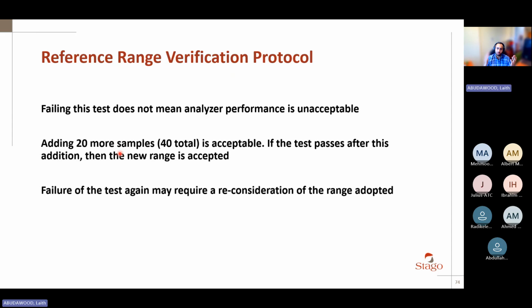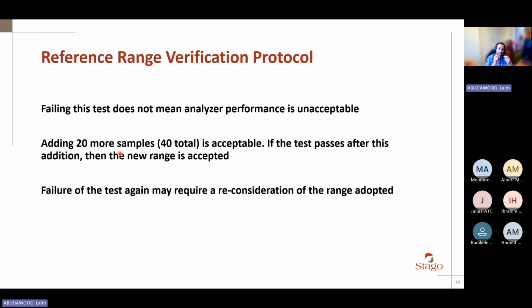Most often, reference range verification failure means that the reference range that you have chosen to use in your lab is not compatible with your population. For example, in most of the countries in the Middle East, if you take the reference range of Neoplastine that is in the kit insert, it says, I think, 13 point something or 12 point something up to 15.3 seconds.